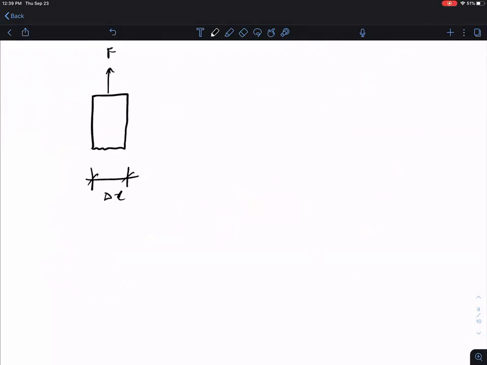Let's call the concentrated load F. We'll draw the shear force and bending moment over the segment.